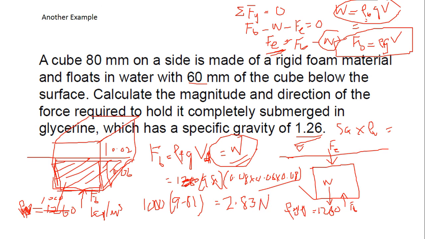If it's correct, then it's correct. I got 3.767. Syafiza, is your calculation right? 1000 times 9.81 times 0.08 times 0.06 times 0.08. The 3 is right, so maybe Syafiza put the value wrongly.